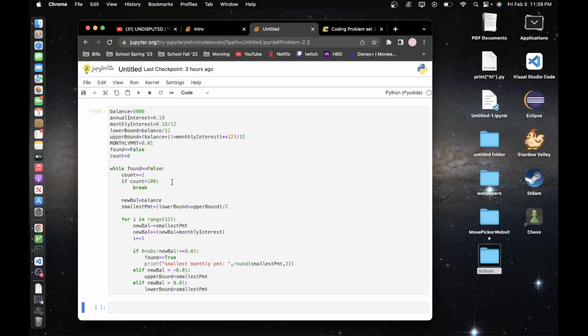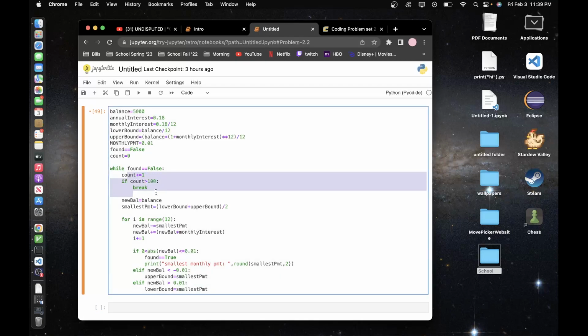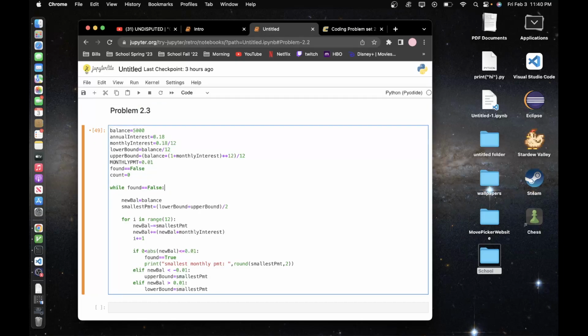Yeah, I have no idea. It just won't break. So I've added this to break it, and it's still not working. So I guess that's not the problem. I don't know.